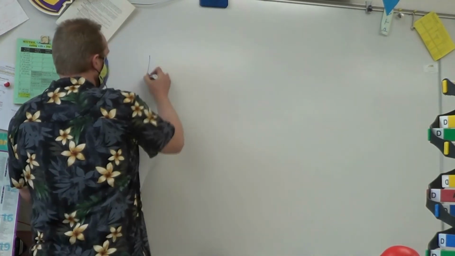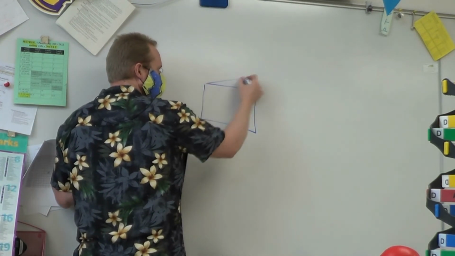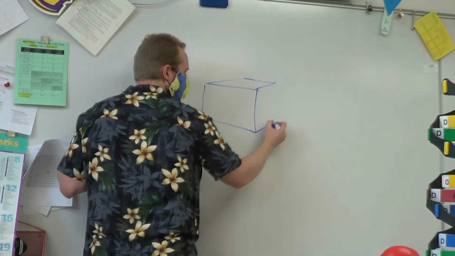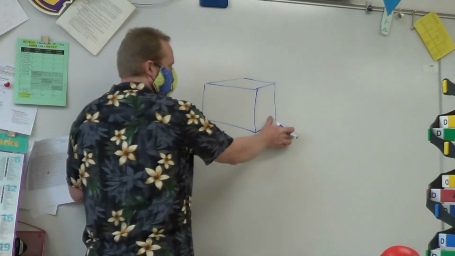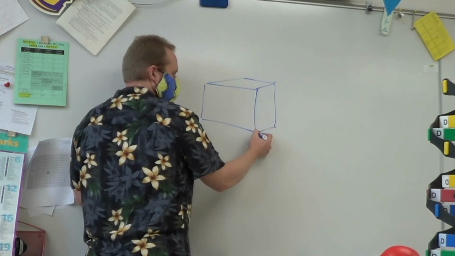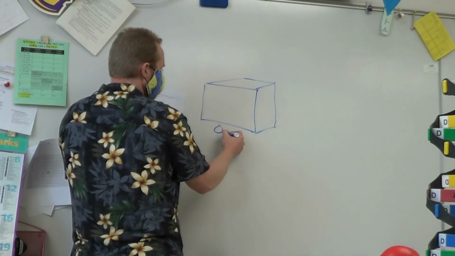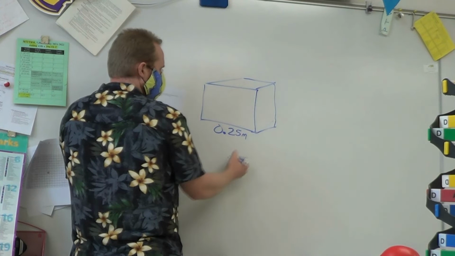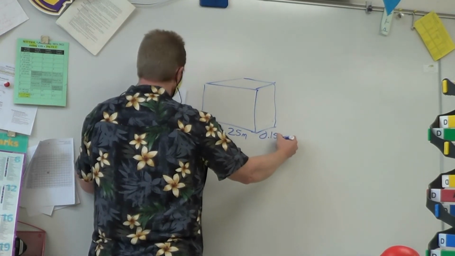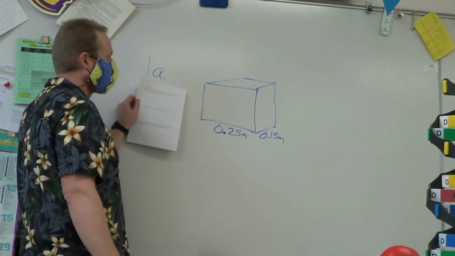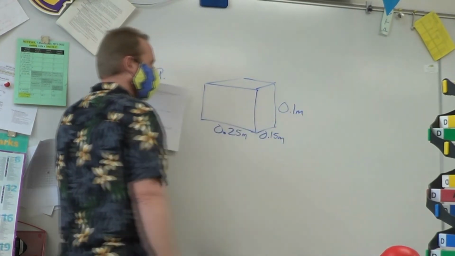For number 1A, we have a block, and with these blocks, three dimensions is helpful, because it makes labeling it a little easier. I'm by no means a good three-dimensional object drawer, but just to get it in three dimensions is somewhat helpful. So the dimensions are 0.25 meters long by 0.15 meters wide, sorry, I think I screwed this up, by 0.1 meter high.